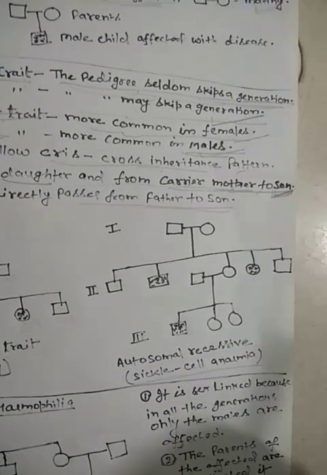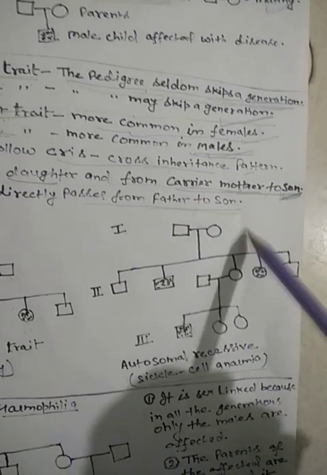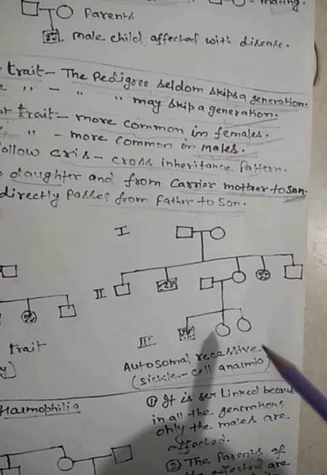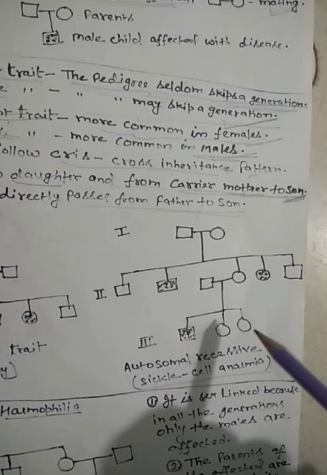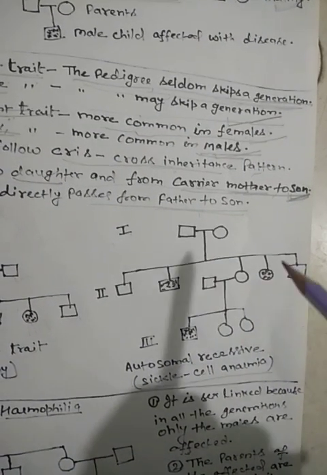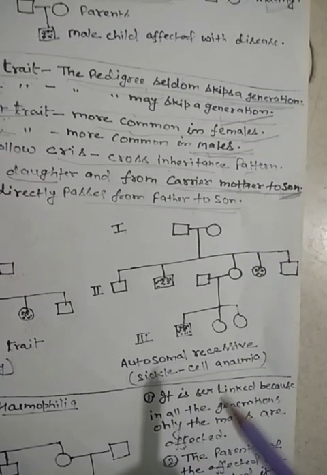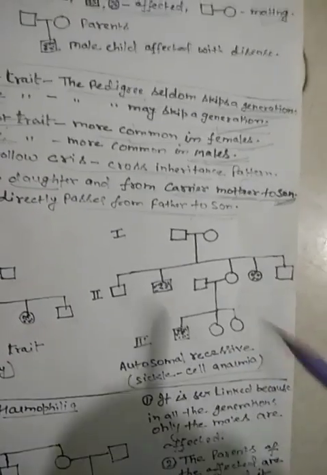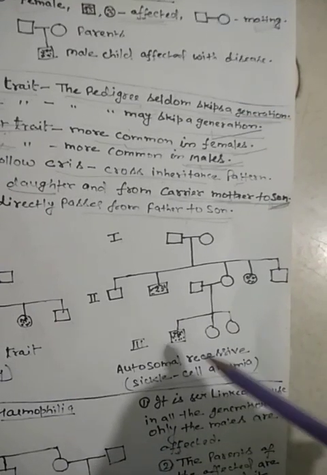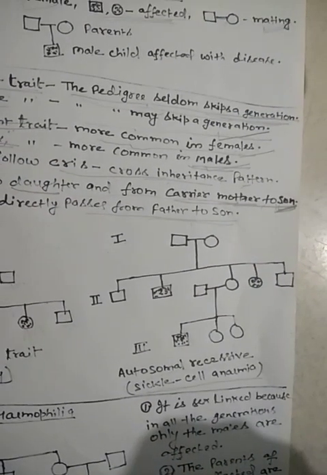Suppose this chart is given for sickle cell anemia in a family, and now you have to identify whether this trait is dominant or recessive. In the last video we learned that if the trait or disease appears in all generations, it will be dominant.